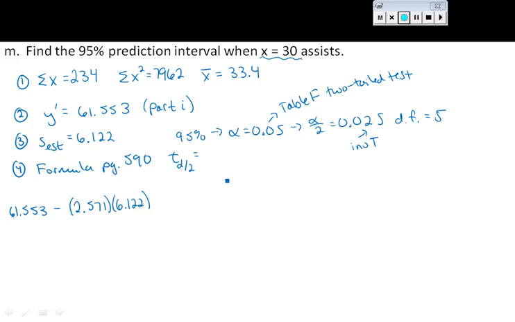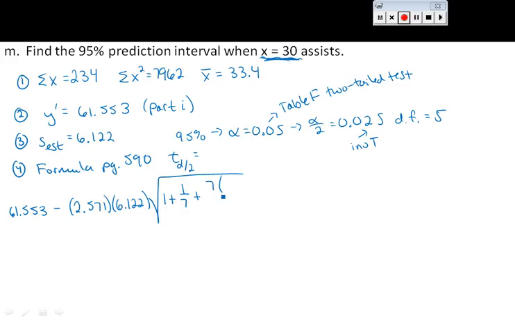Then we have this whole big old radical. We have 1 plus 1 divided by sample size plus sample size times, you come across just a plain x. That's the x that you're given that you want the prediction interval for.